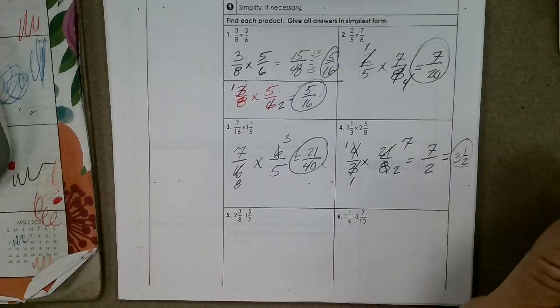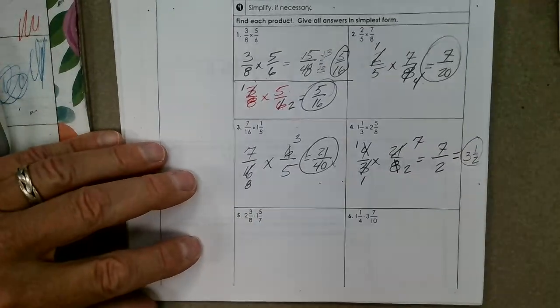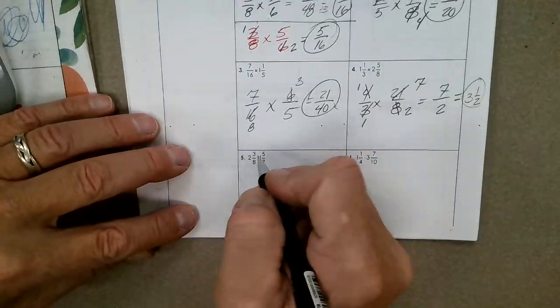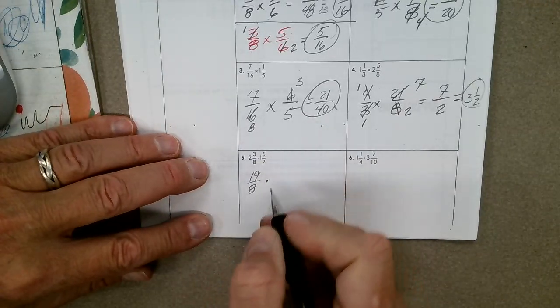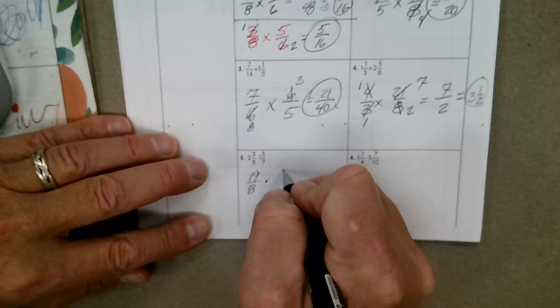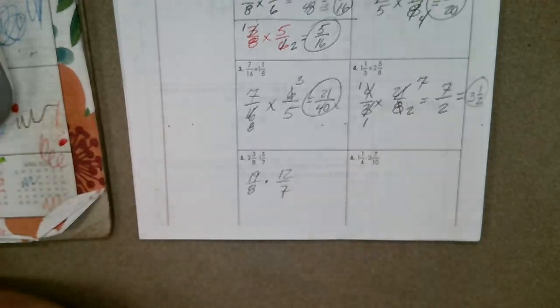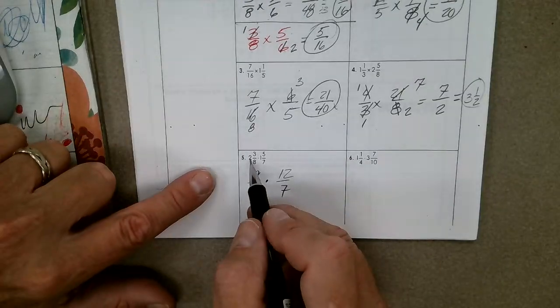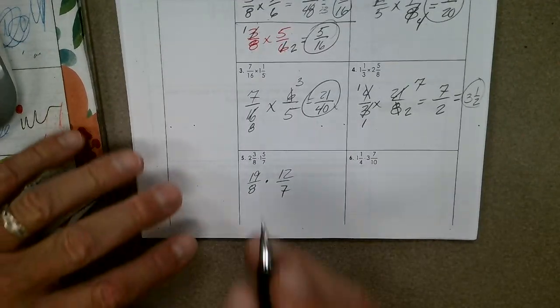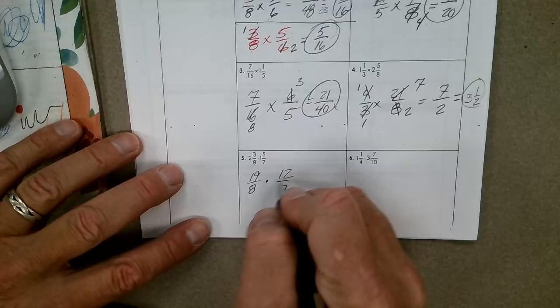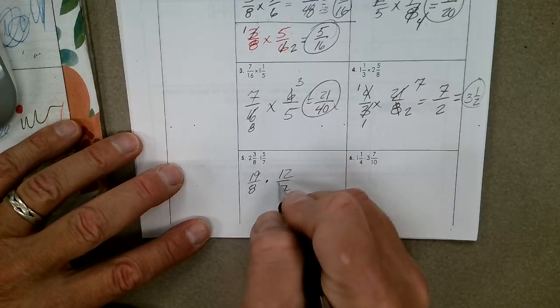All right, number 5. Let's go. You can pause this at any time and work ahead and check it. 16 and 3 is 19 over 8 times 7 and 5 is 12/7. Mixed to impropers. So top to bottom combination, I see these are both divisible by 2, but I think there's a bigger one.